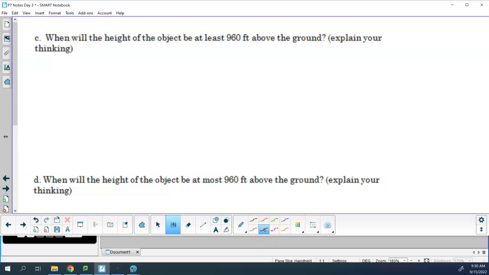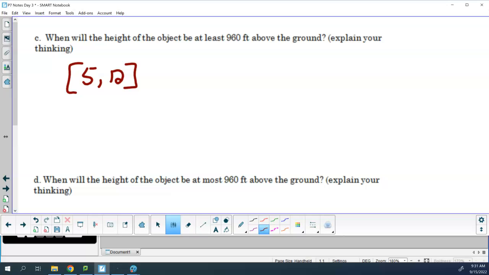5 and 12, right? Because we just found out that on the way up, at 5 seconds, it hits 960 feet, then it keeps going up, and then it comes back down and hits 960 feet at 12 seconds. So that means it's at least there between 5 and 12 seconds, right?